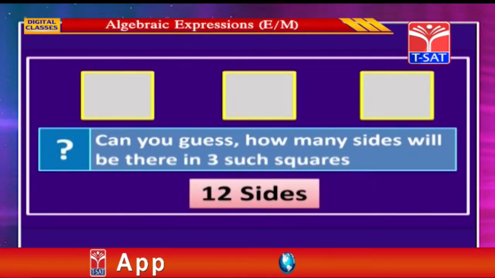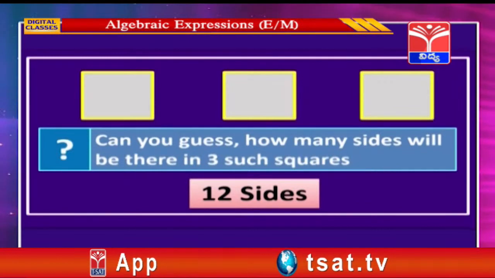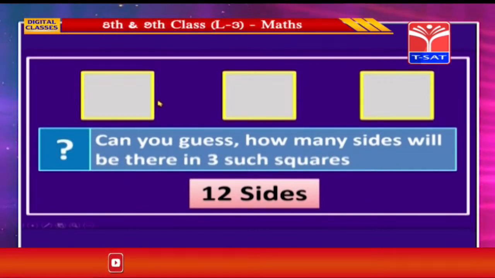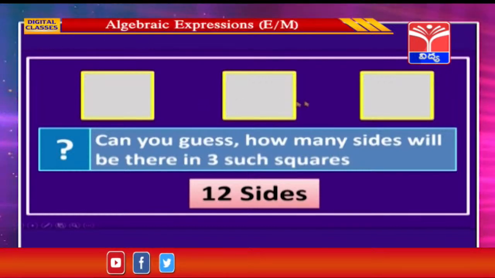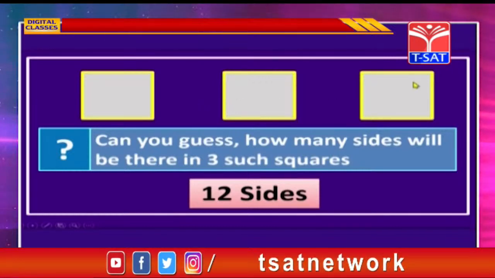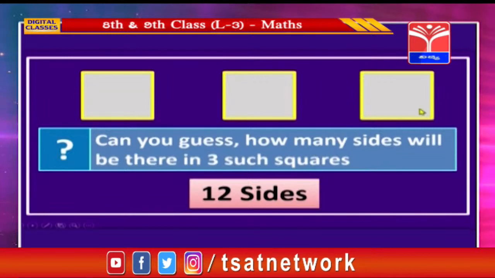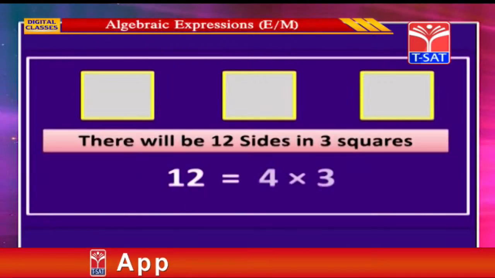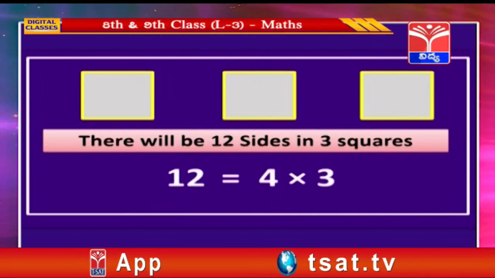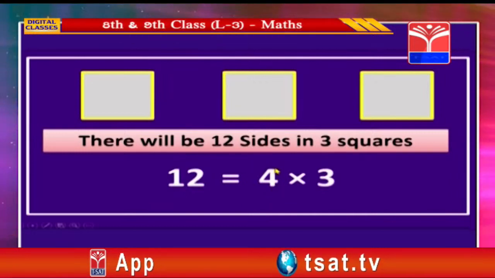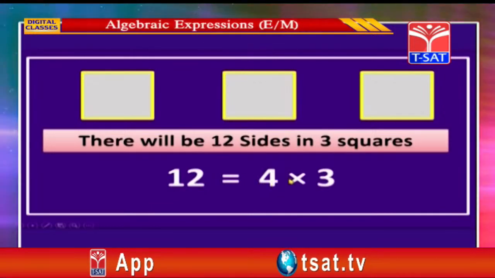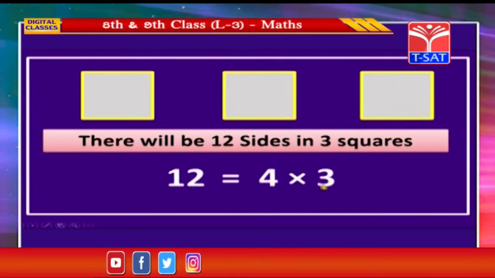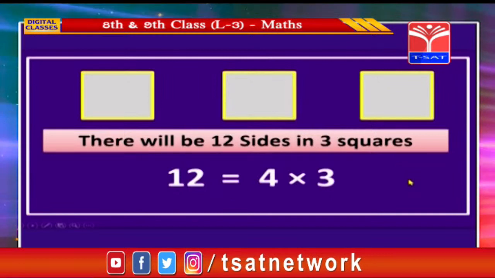Yes, we will have 12 sides, because 4 for this square plus 4 for this, 4 plus 4, 8 plus 4 sides of this square. So overall total number of sides will be 12. Now I am going to write 12 as 4 into 3. Why again 4 into 3 children? Because number of sides of a square is 4 only, into there are 3 squares, so into 3. So 4 into 3 we will get as 12.